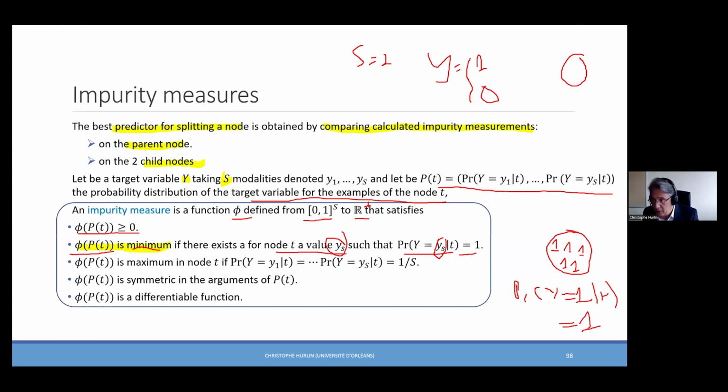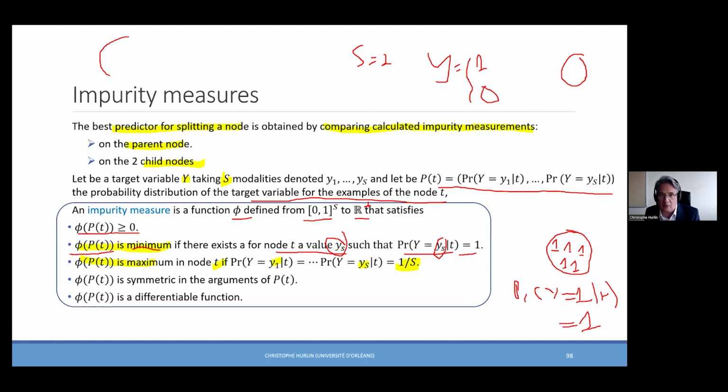On the contrary, the impurity measure is maximum if at a given node the probability to obtain 0 or to obtain 1 is equal to 1 divided by 2, to 50%. Let me illustrate.